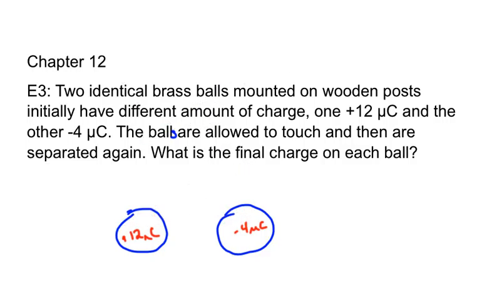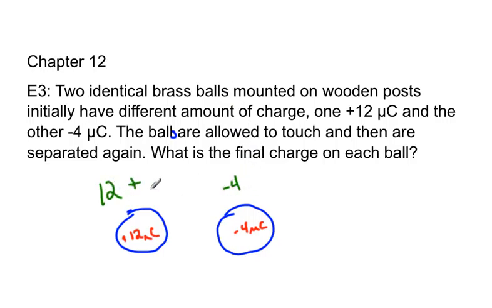Okay, so here's how I like to look at it. Let's not call it electrons, let's just call it a charge. This one has 12 positive things. This one has a deficit. It has negative 4. So this one has 12 positives and this one has 4 negatives.